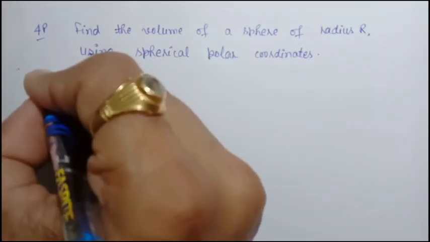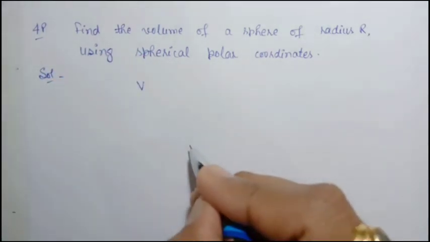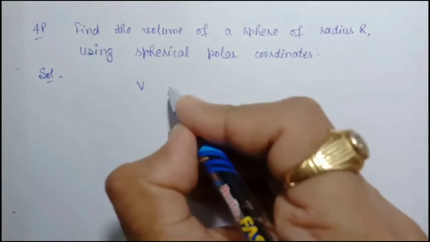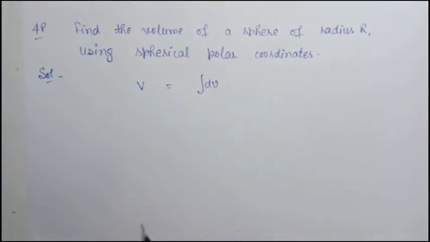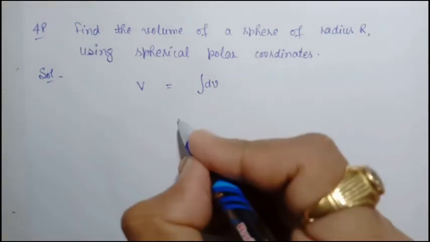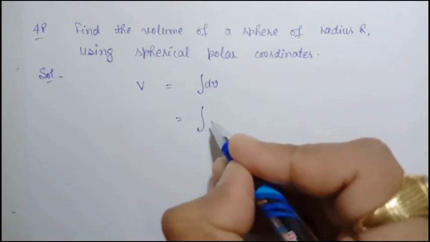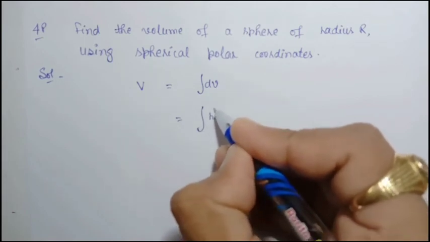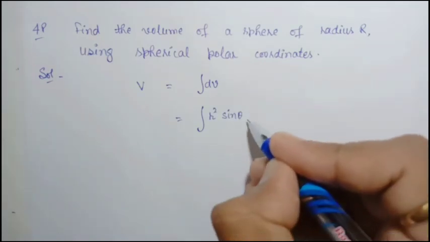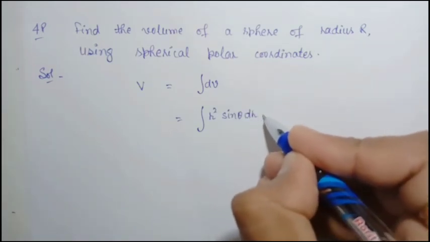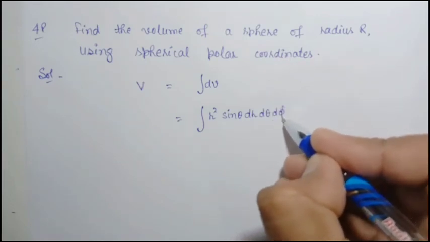So the volume of the sphere is the integral of dV. dV is a small volume element, and because we are using spherical polar coordinates, we can write r square sine theta dr d theta and d phi.